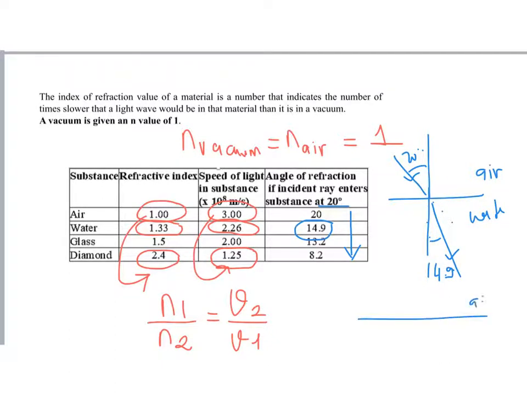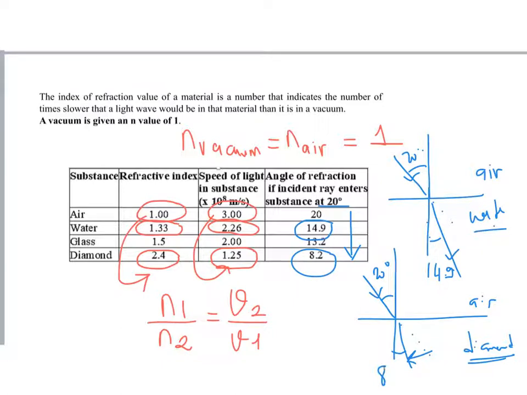But if you increase this medium, for example, to diamond, which is more dense than water, the same light with an angle of incidence 20 degrees will bend more, making the angle of refraction 8.2 degrees. So as the difference between the index of refraction of the mediums increases, the refraction is more.